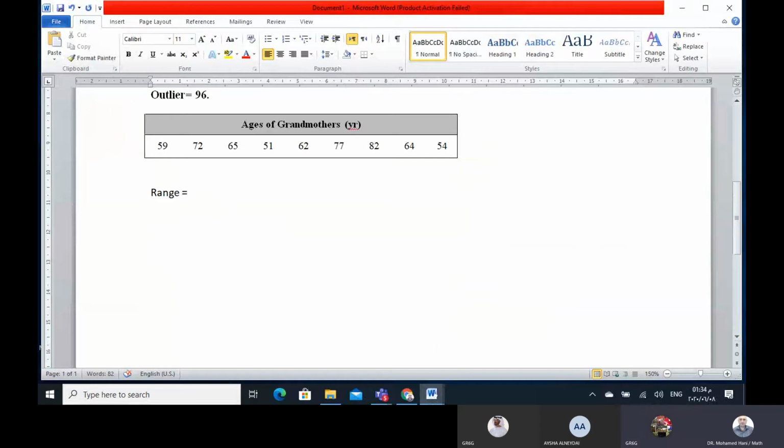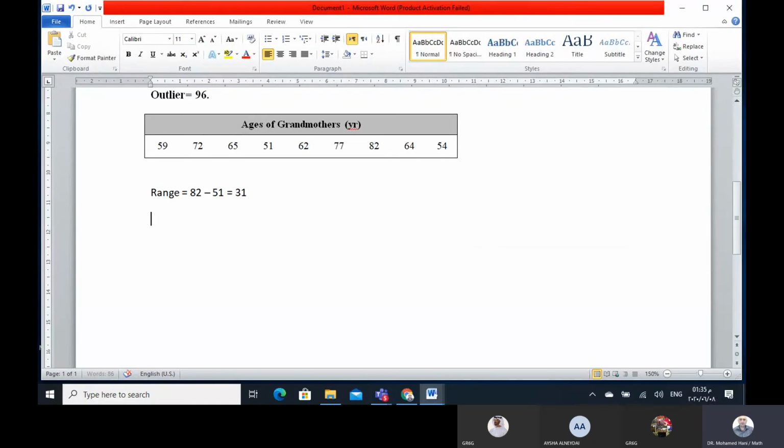Mr., the range is 31. Why? Because 82 minus 51 will be 31. Excellent, Ryan.